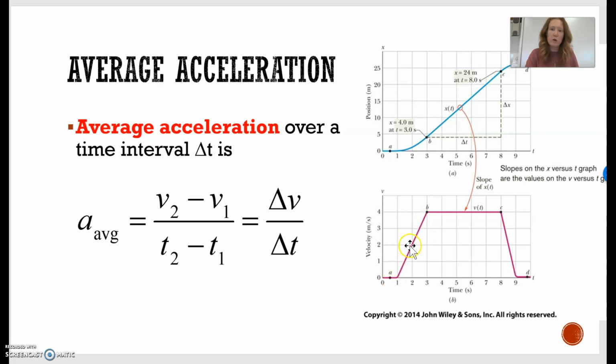We could take the slope of this line and get that acceleration just by doing delta V over delta T. Also here, we could get this acceleration on the slowing down side by taking the slope of this line segment. You can also do that for any velocity function, even if it's not linear, but you have to understand that it's just an average over time.